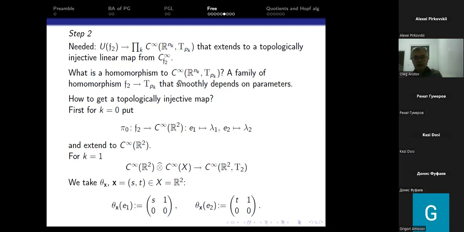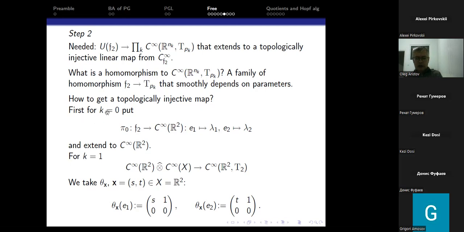We can treat the homomorphism to such algebras as a family of homomorphisms from the initial algebra to triangular matrices, but with parameters on which it smoothly depends. And we also want to get a topologically injective map. So we also do this step by step.